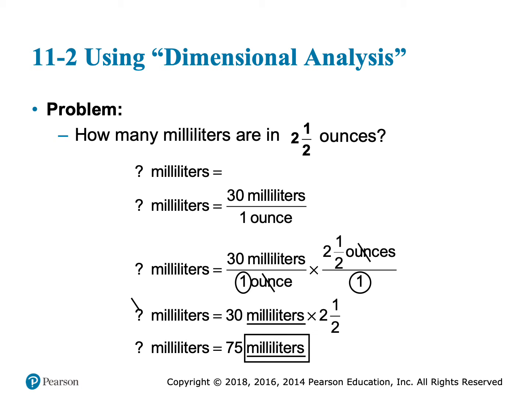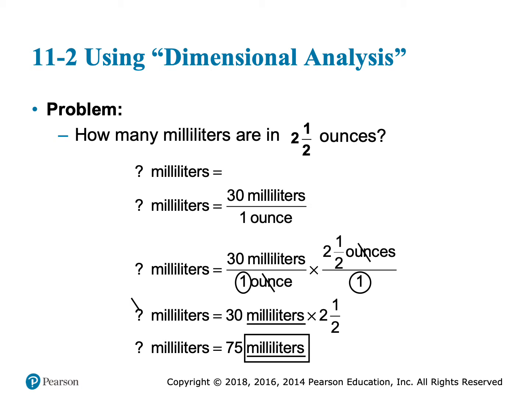Remember that in dimensional analysis, you can cancel like units if they appear in both the numerator and the denominator in any place in the equation. So let's work through an example. We'll use the one that we just did of how many milliliters are in 2.5 ounces.